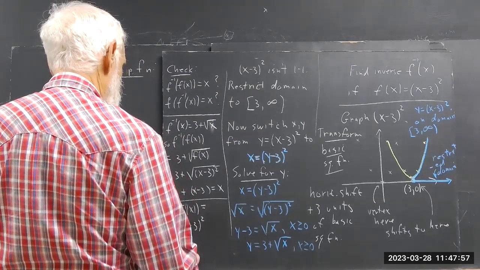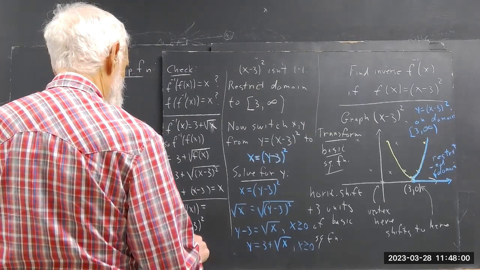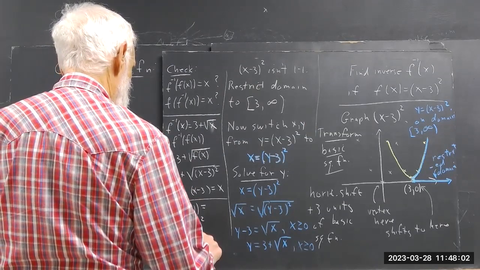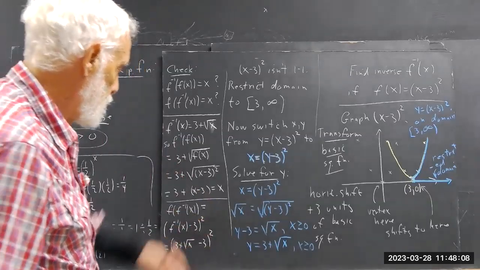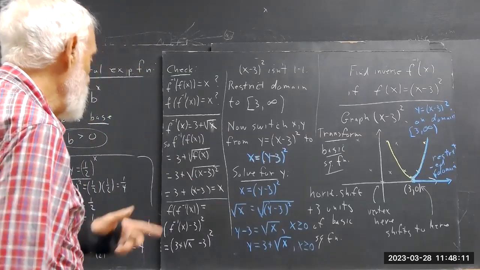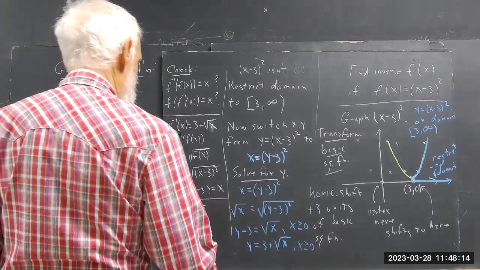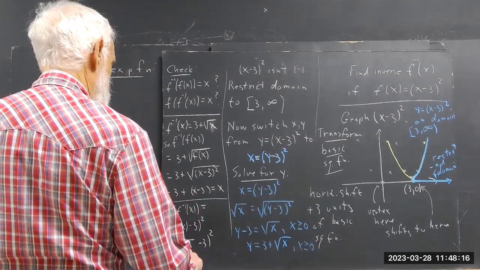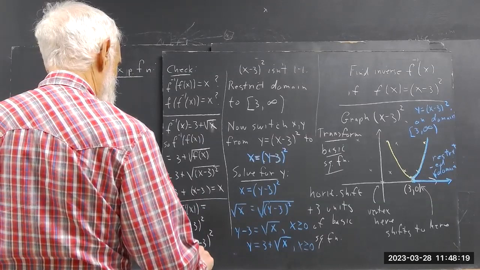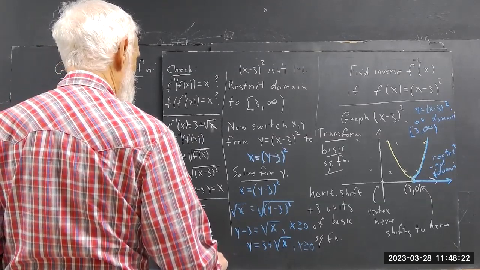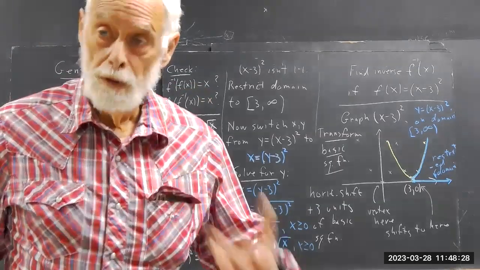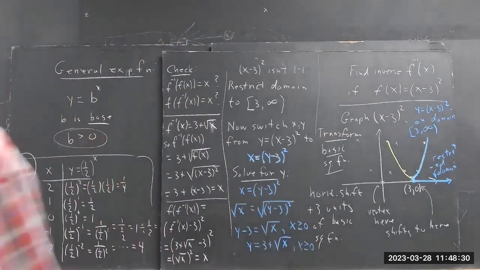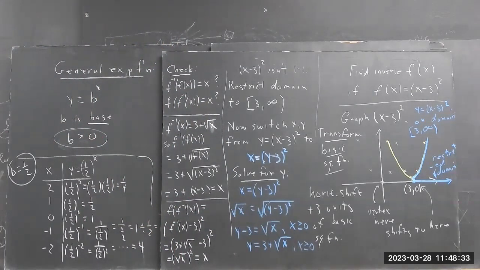And f inverse of x is 3 plus the square root of x, so 3 plus the square root of x minus 3, quantity squared, which is just the square of the square root of x, which is x. So both ways we ended up with x, and we've now completed the entire problem, finding the inverse and checking it.